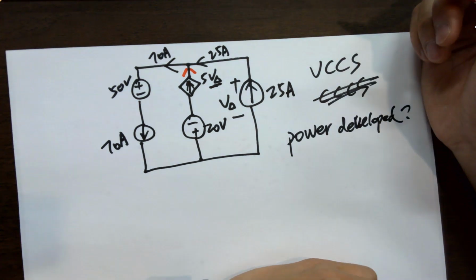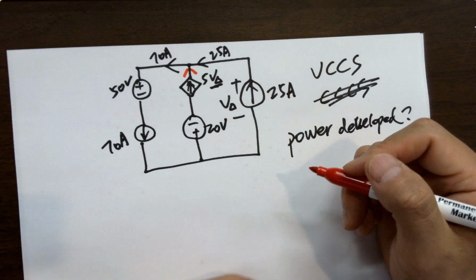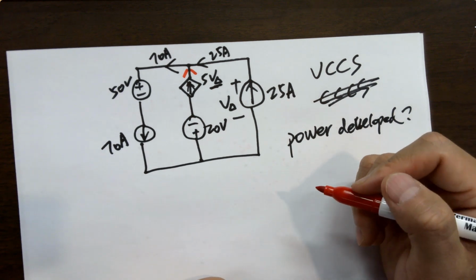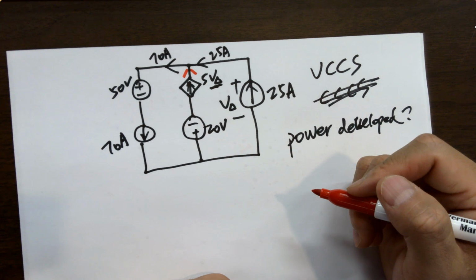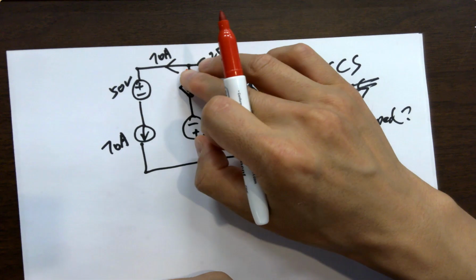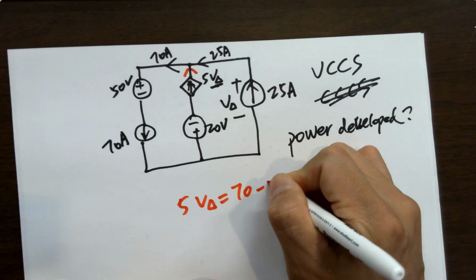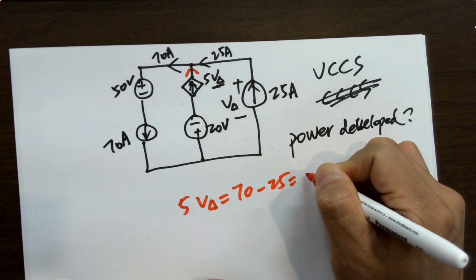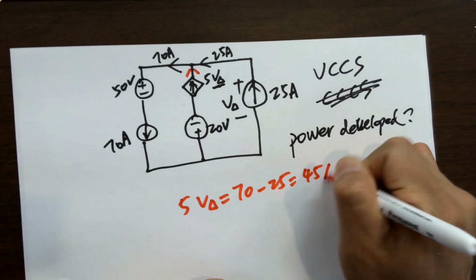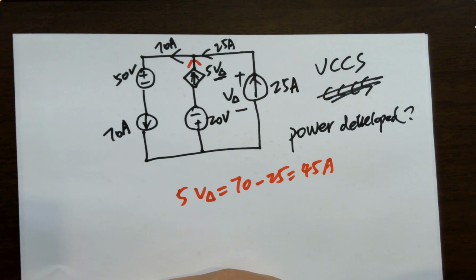So what is that current? You have 70 amps going out, but 2 currents going in. So 5 V delta is basically 70 minus 25, which is 45 amps. What's next?